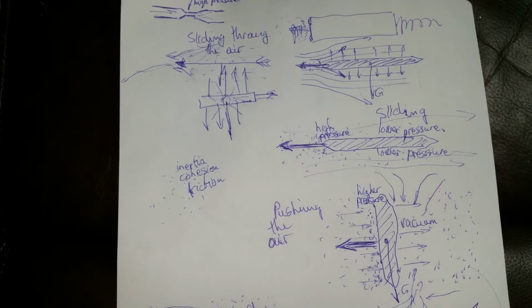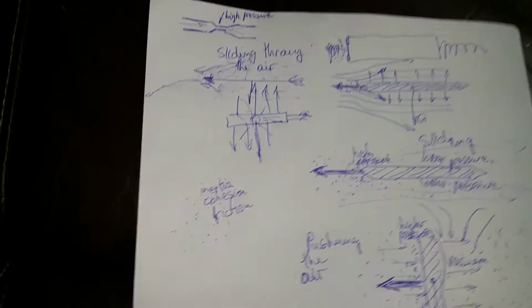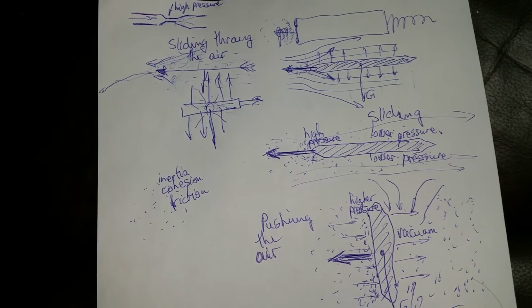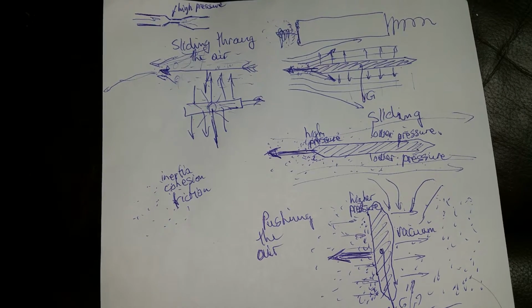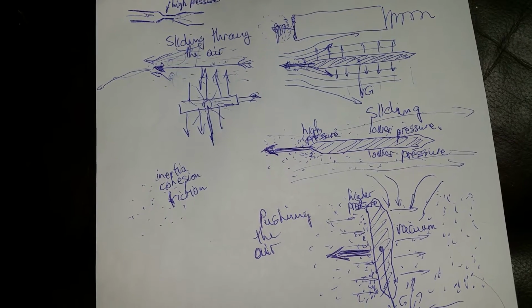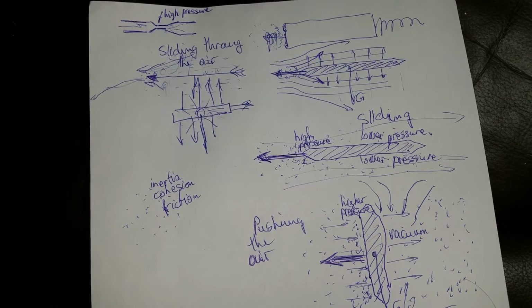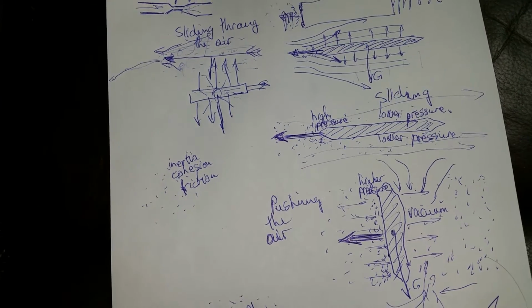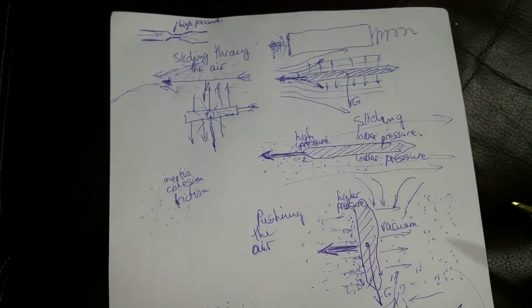Because you can't really create a practical structure, an airplane with some hinged wings that would flap all the time, and I will explain why that one is not feasible.